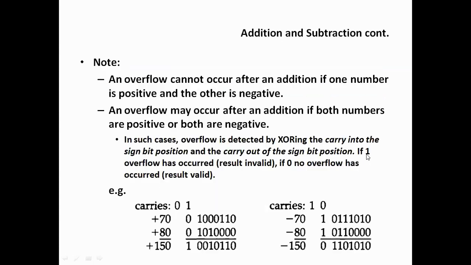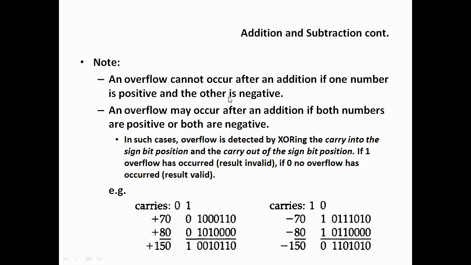Now take one consideration here. In addition, if both numbers are of different signs, one negative and another positive, overflow doesn't occur, or it doesn't make sense, because the answer obviously will be of lesser value.